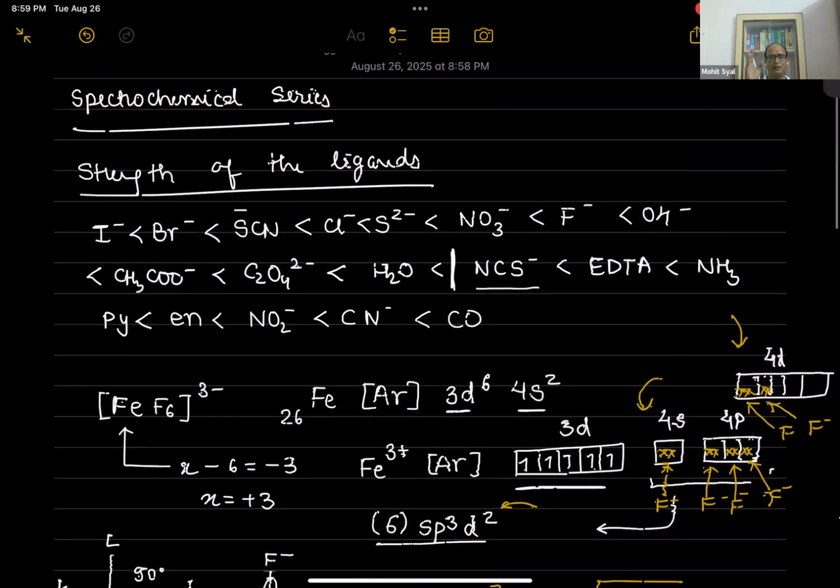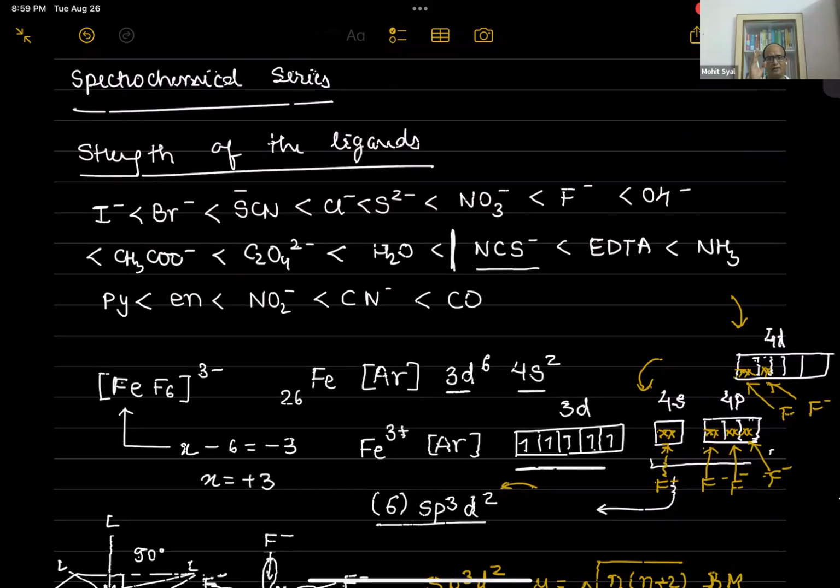All the nitrogen containing ligands are at the starting of nitrogen. So which atom is connected? Okay, this is not nitrogen, this is actually NO3, connected through oxygen. So nitrogen carrying a lone pair become strong ligands. Got it? So NH3 is a strong ligand.